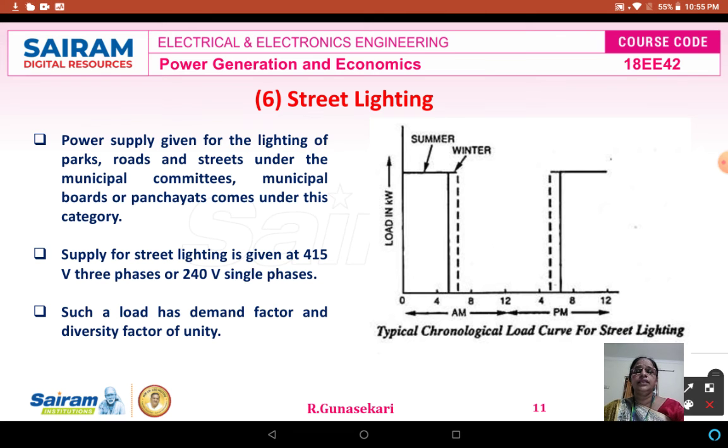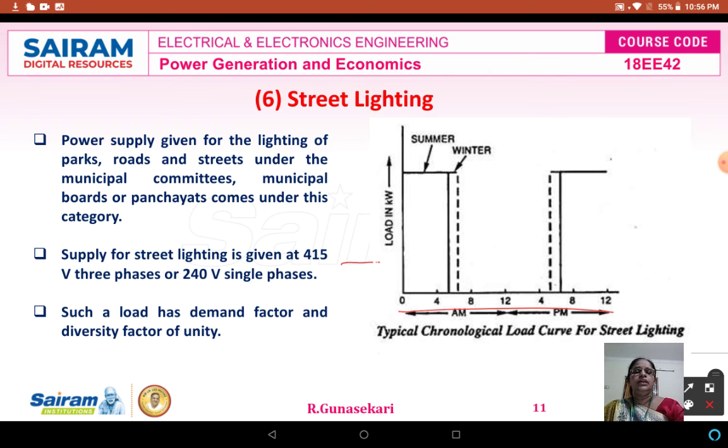Now you see the typical chronological load curve for street lighting. X-axis is 0 to 12 pm, y-axis is load. We can draw the summer season and winter season load curves: dotted line for summer season, solid line for winter season.